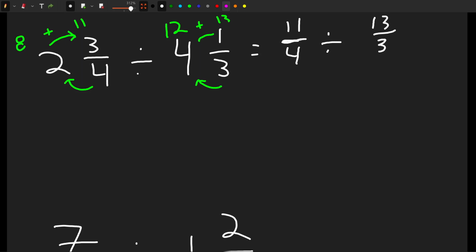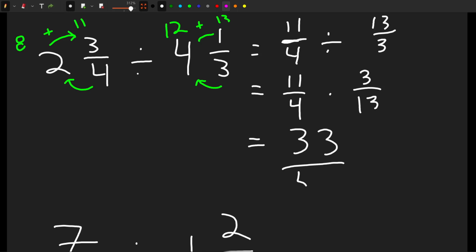Now we can take the reciprocal, and we are left with 11/4 as our first fraction, times 3 over 13 as our next fraction. 11 and 13 are both prime. 3 is a prime number. 4 is the only one that has any factors, but since none of the other numbers have factors, we will just multiply straight across. And we are left with 11 times 3 is 33. And 4 times 13 is 52. And that is our answer.